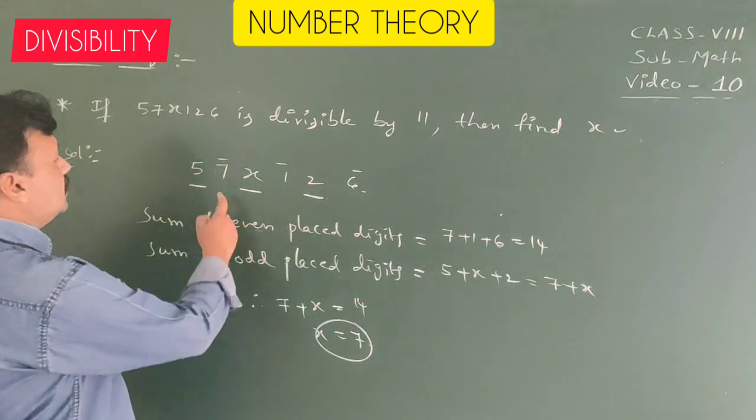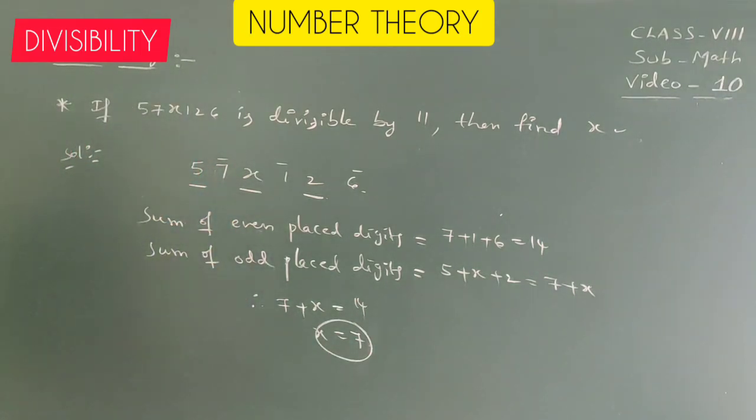So x equals 7 is the possible value if the number is divisible by 11.